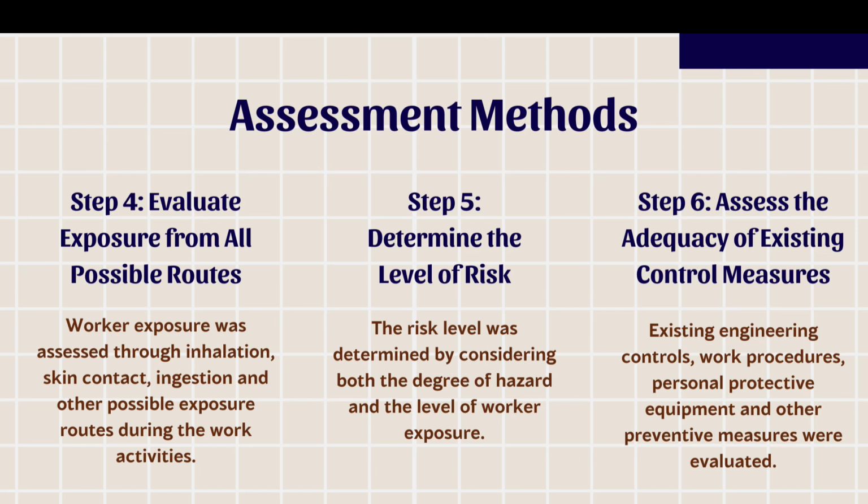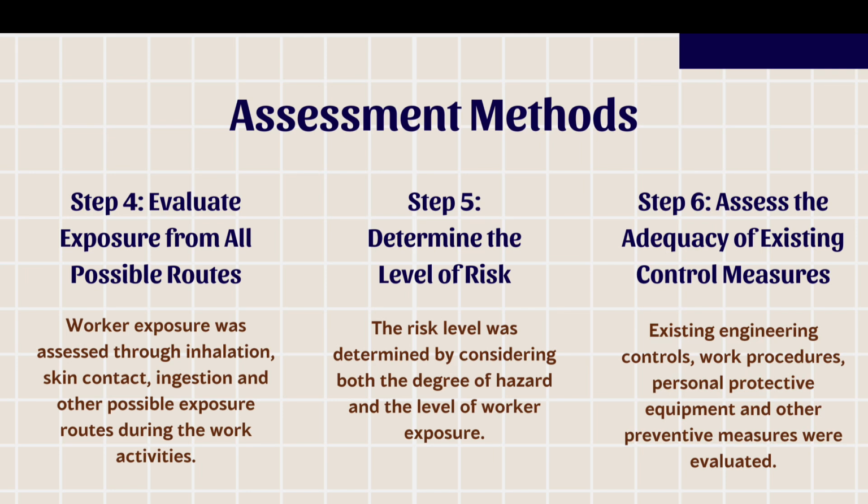The fifth step was to determine the level of risk. The risk level was determined by considering both the degree of chemical hazard and the estimated level of worker exposure during the activities. The sixth step was to assess the adequacy of the existing control measures.